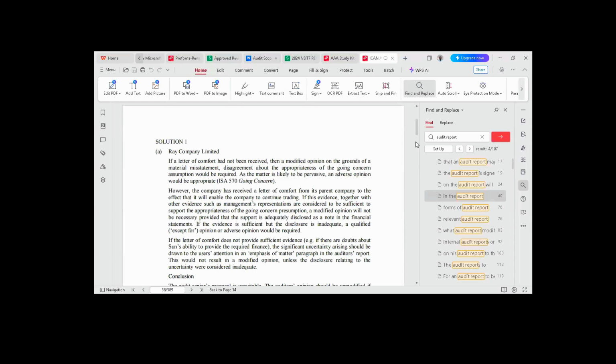If the evidence is sufficient but the disclosure is inadequate, a qualified except for opinion or adverse opinion will be required.